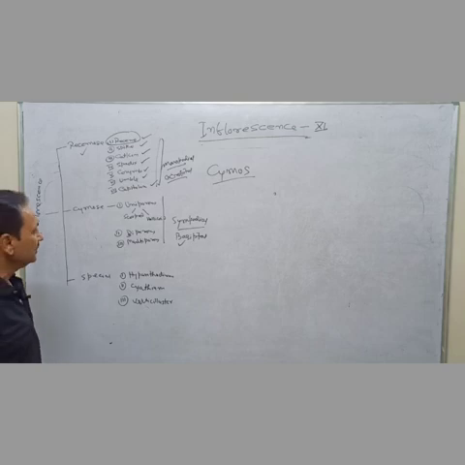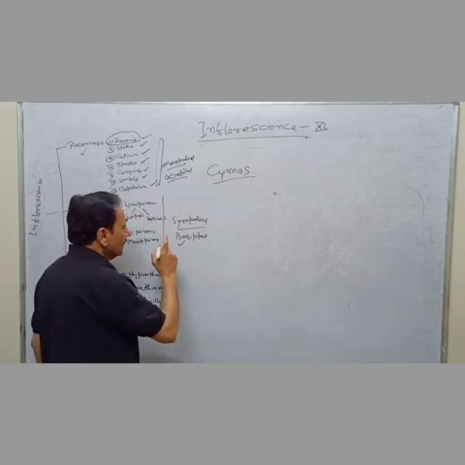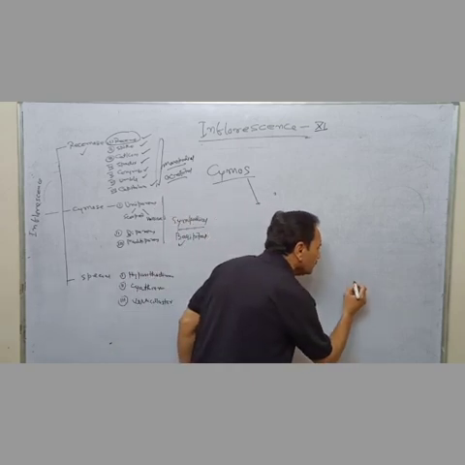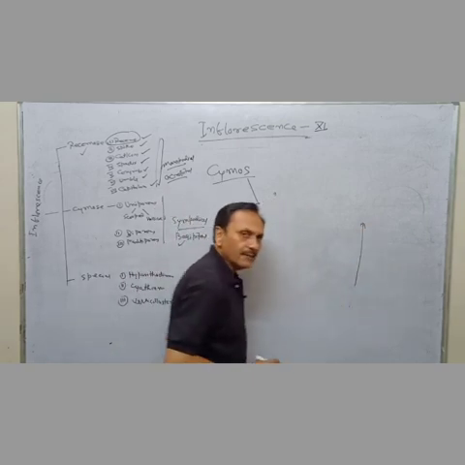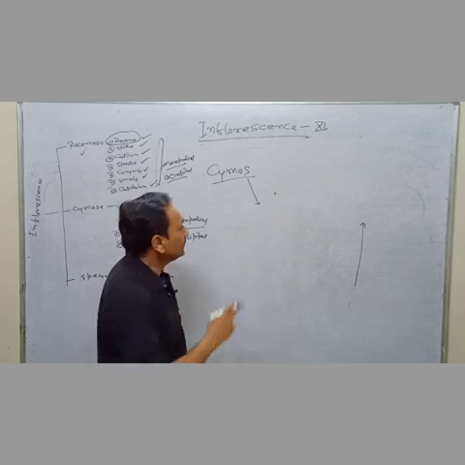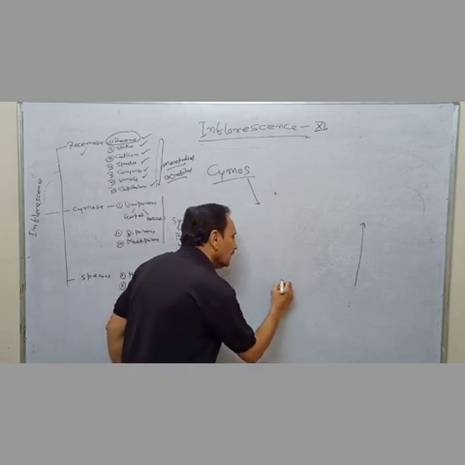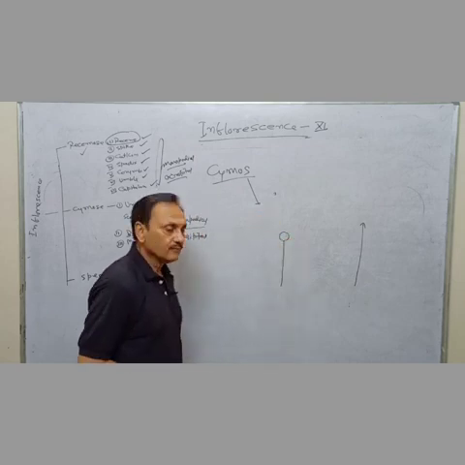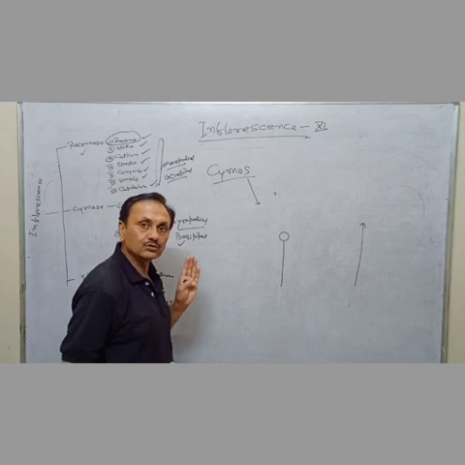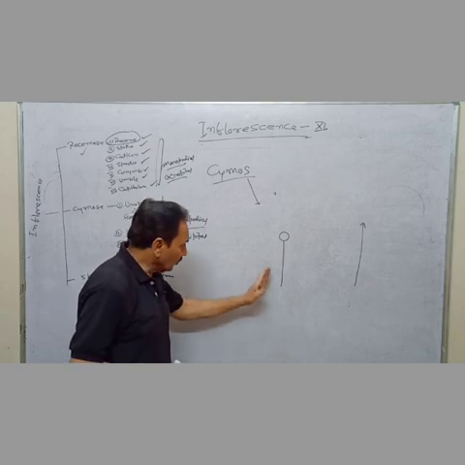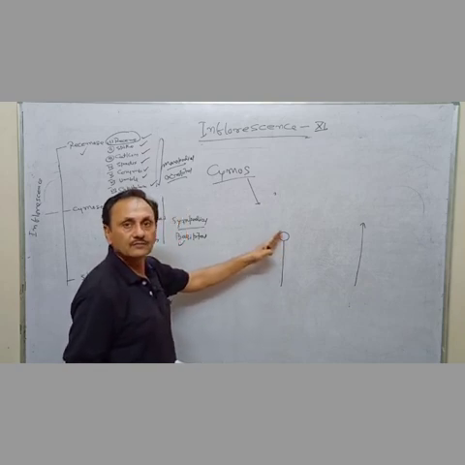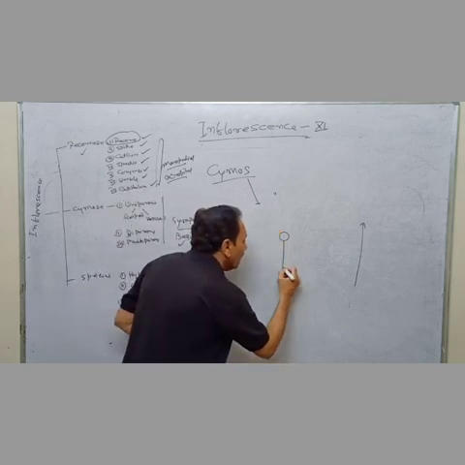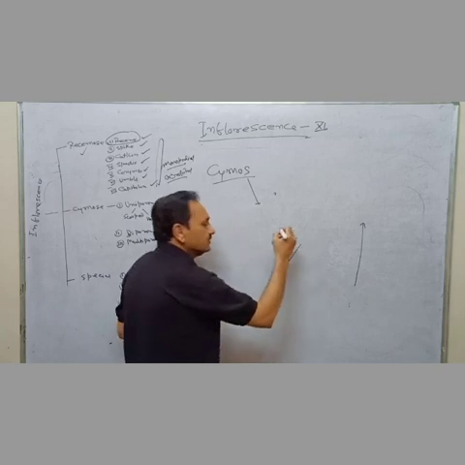In racemose we have observed that there is a continuous growth of the apex. But here, flowering causes the stoppage of growth. The growth will be stopped after flowering, and after this stop, another pedicel will start.